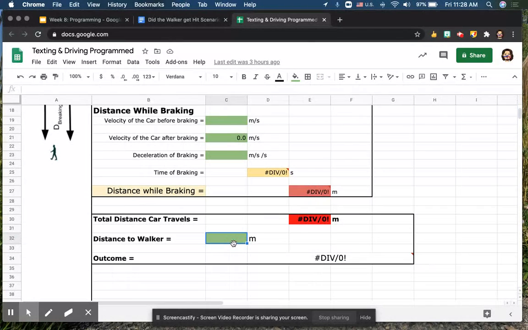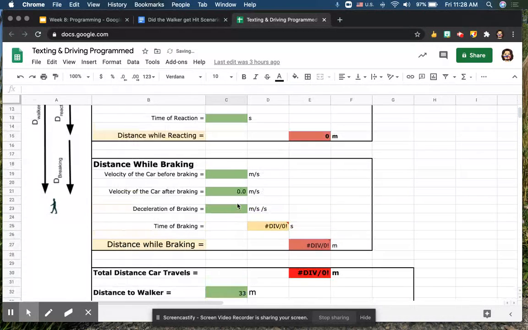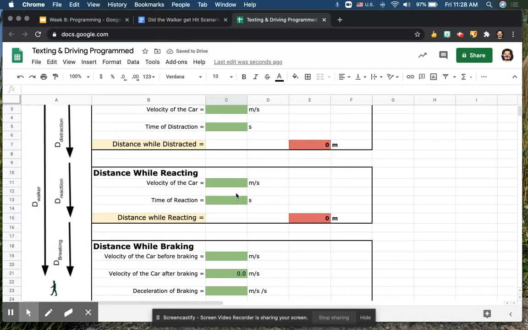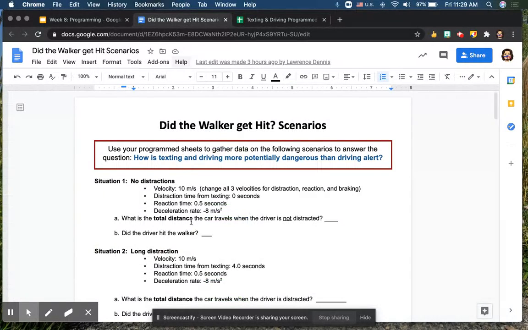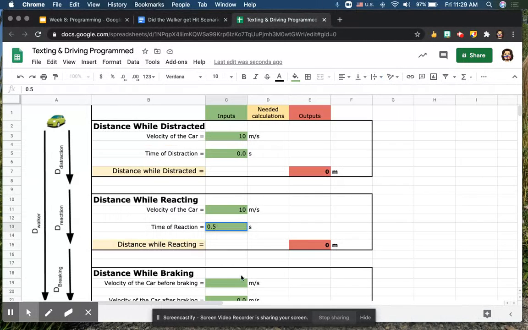Perfect. So I know my distance to the walker is 33 meters, so I'm going to put that in. And then I am going to put my numbers in here. So 10 meters per second, my time of distraction was 0, and then it was 0.5. Is that correct? Yes, 0.5.